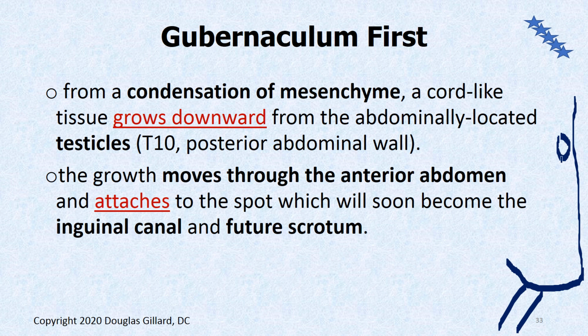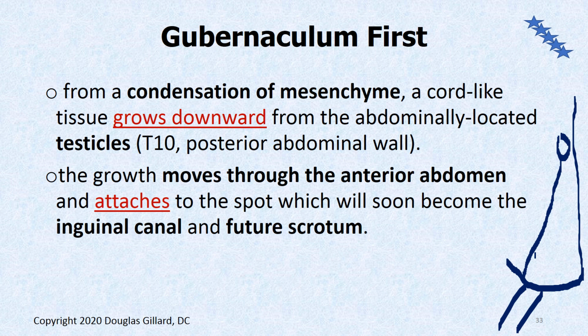If this is Spider-Man, he shoots a spider web down here, and it sticks right to this place. So now you have a cord running from the inferior pole of the testes down to the area that is going to become the scrotum. This cord, this spider web, is called the gubernaculum.